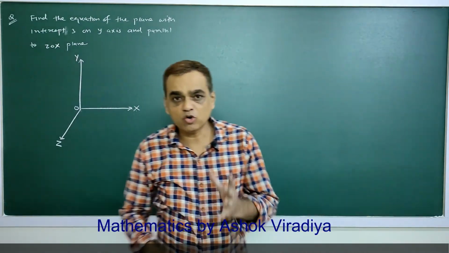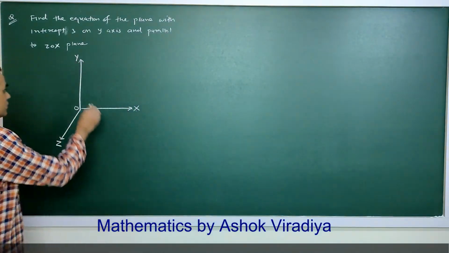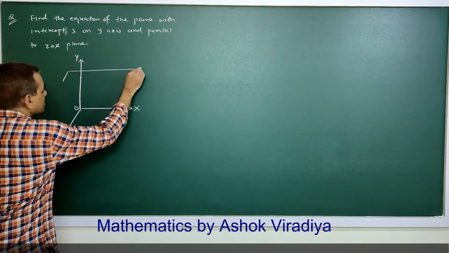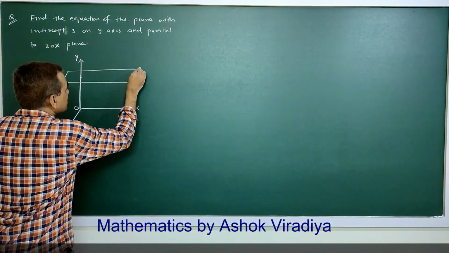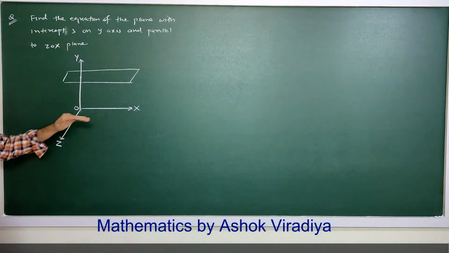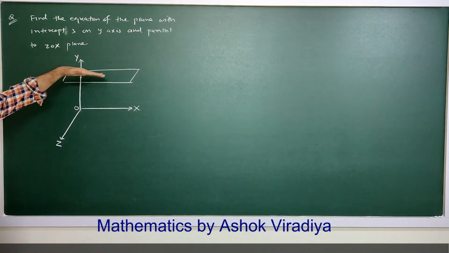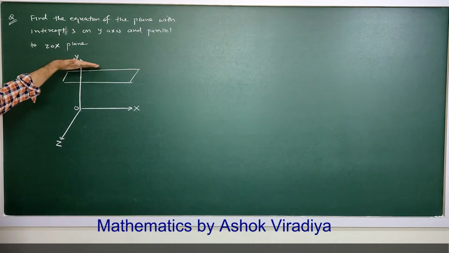So let me show in the diagram. Suppose this is the plane which is parallel to the ZOX plane. You can imagine a ceiling or flooring like this.